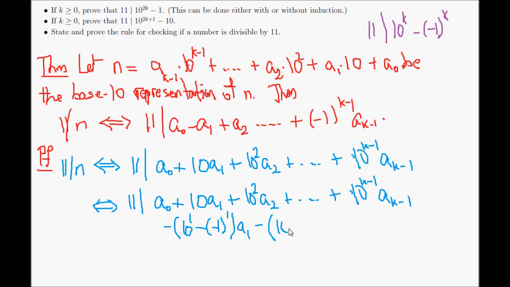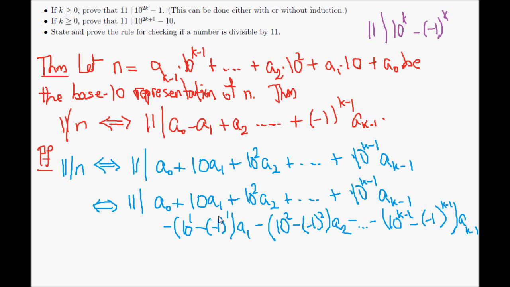Minus 10 squared minus negative 1 squared times a sub 2. That's a multiple of 11. In fact, it's 99. Minus, and I continue to subtract off, 10 to the k minus 1 minus negative 1 to the k minus 1 times a sub k minus 1. And that's basically the line I have here in purple, just replacing k by k minus 1.